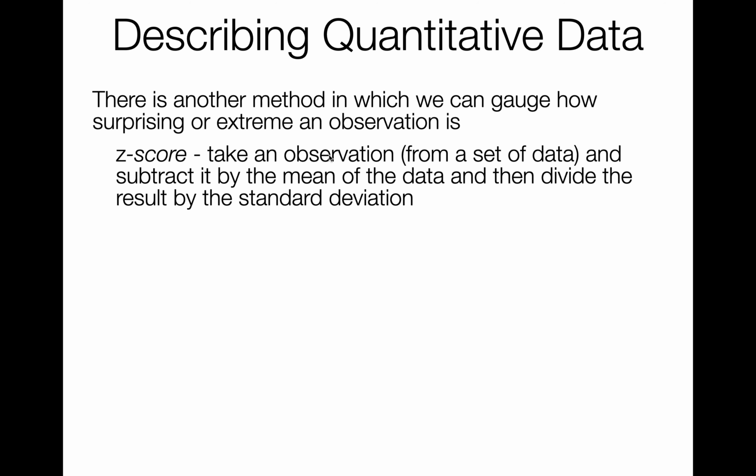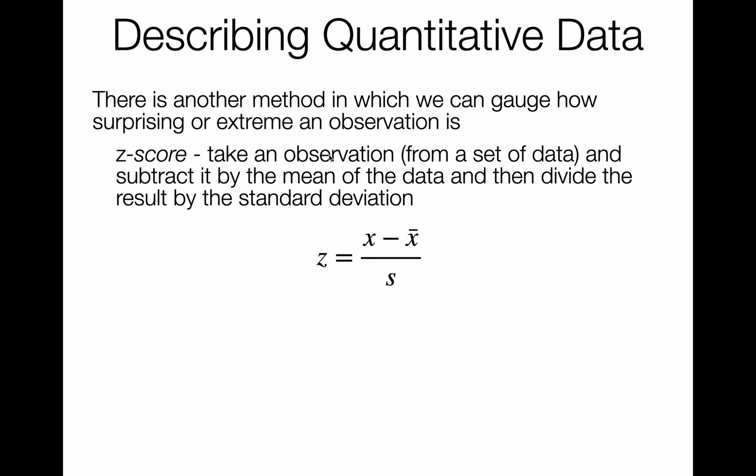A z-score takes an observation from the data set, subtracts the mean of the data, and then divides that result by the standard deviation. It looks like this: z is equal to x, which is the data point, minus the mean, divided by the standard deviation.